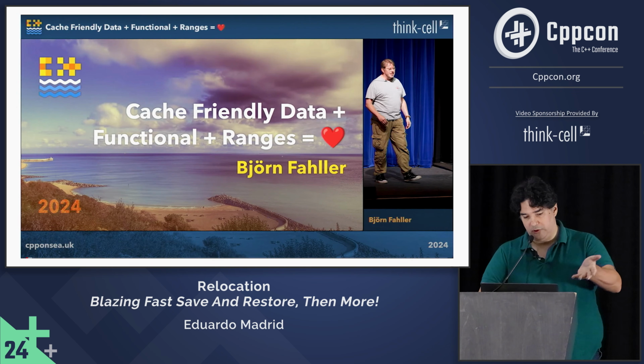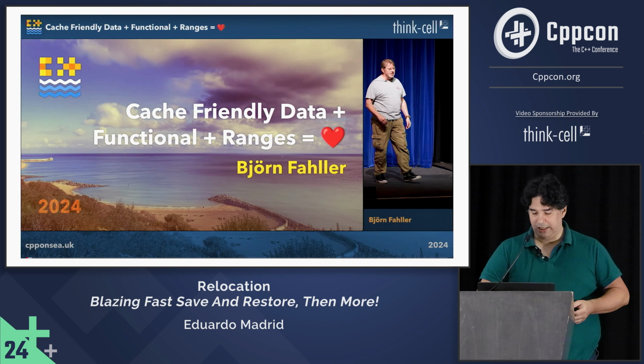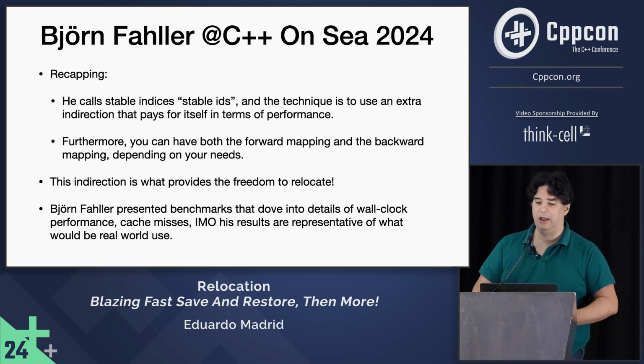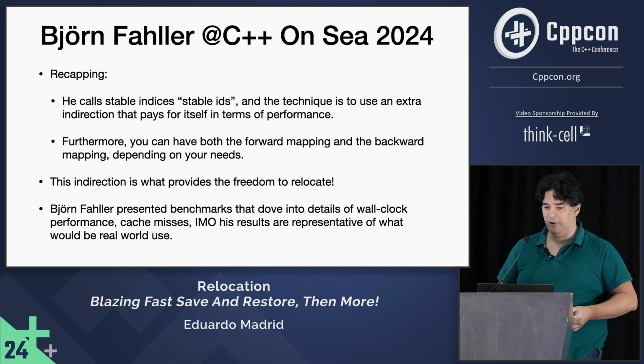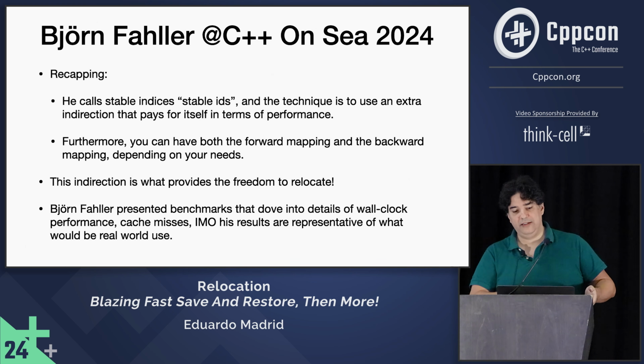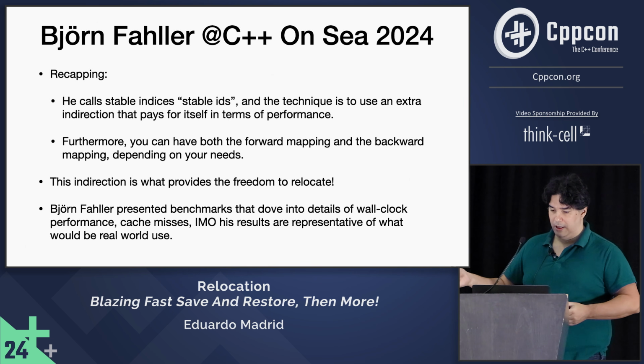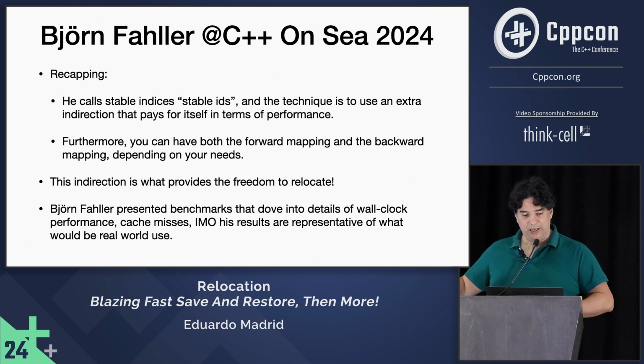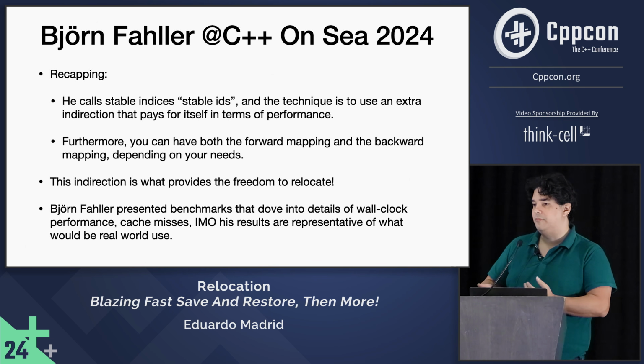And this is the presentation. It's called Cache-Friendly Data and Functional Ranges. So I need to recap his presentation on C++ on C 2024. He calls stable indices stable IDs. And the technique is to use an extra indirection that pays for itself in terms of performance.